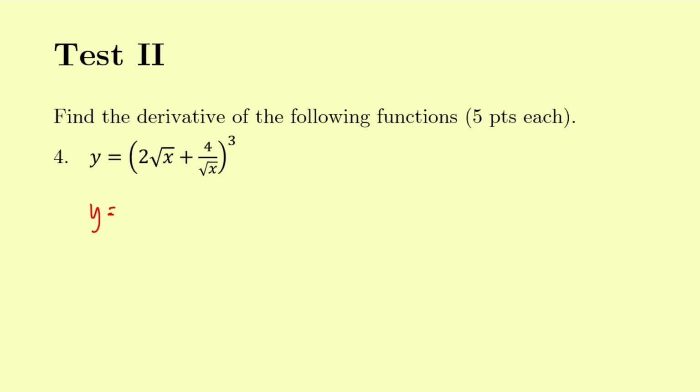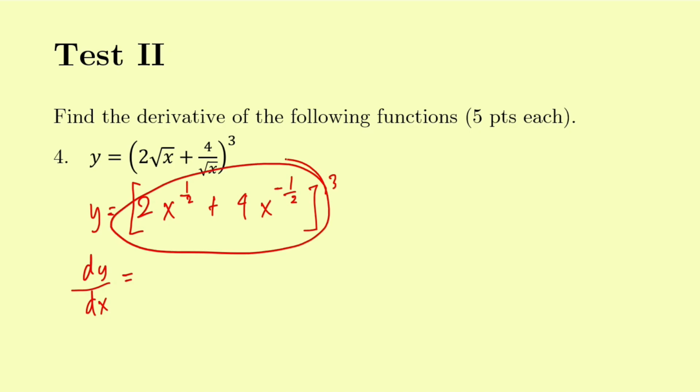So y is equal to 2 times x raised to 1/2 plus 4 times x raised to negative 1/2. This entire quantity is raised to 3. So with that in mind, we can easily find dy over dx using the power rule and chain rule. Chain rule here is because the entire function is raised to 3. So we need to apply the chain rule to evaluate that one.